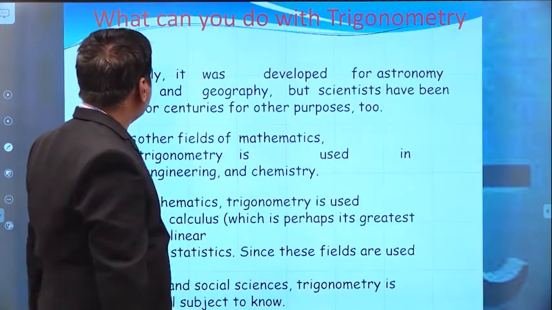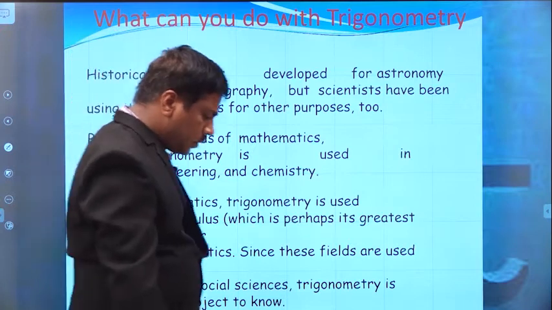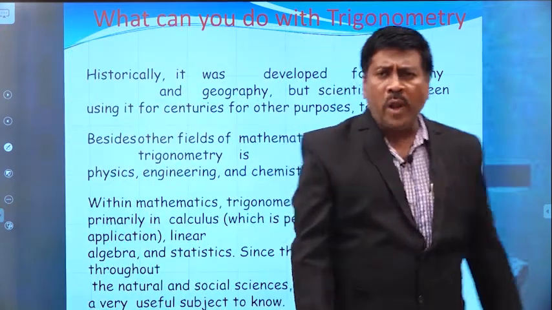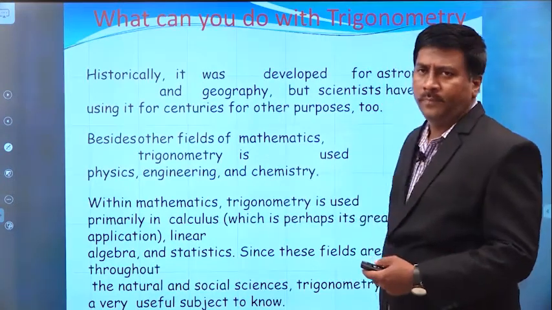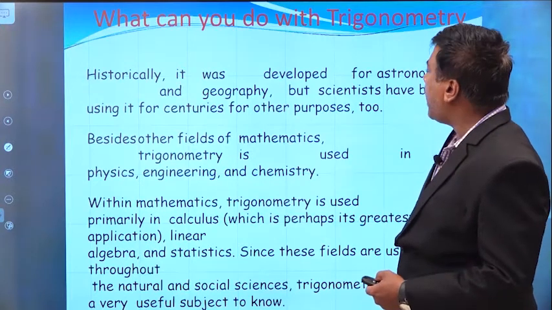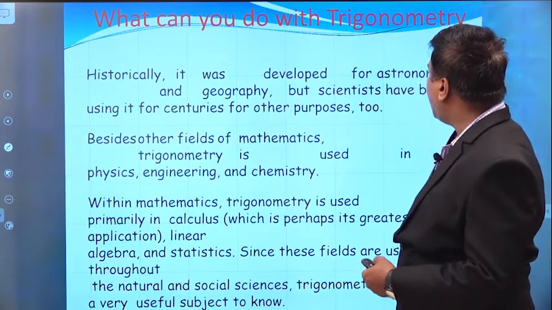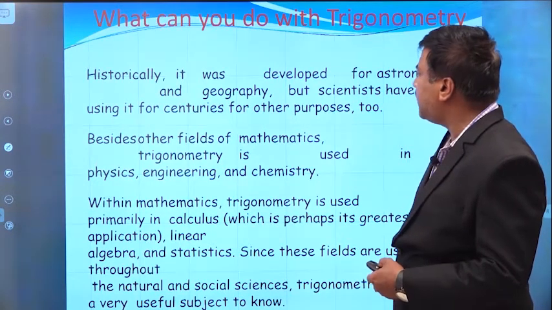Next one. What can you do with trigonometry? After learning this trigonometry, what do you do with it? Historically it was developed for astronomy and geography, but scientists have been using it for centuries for other purposes too.